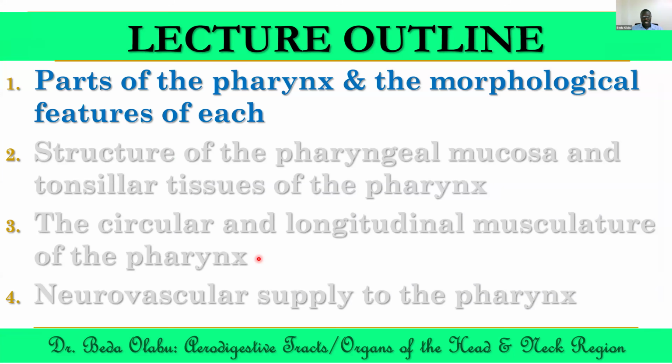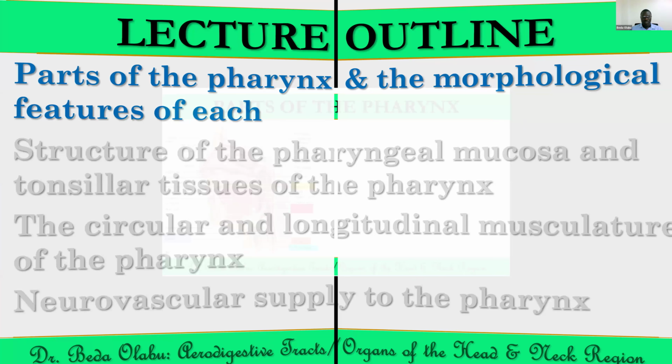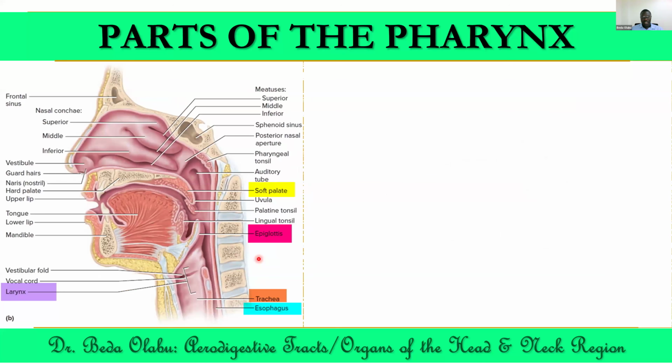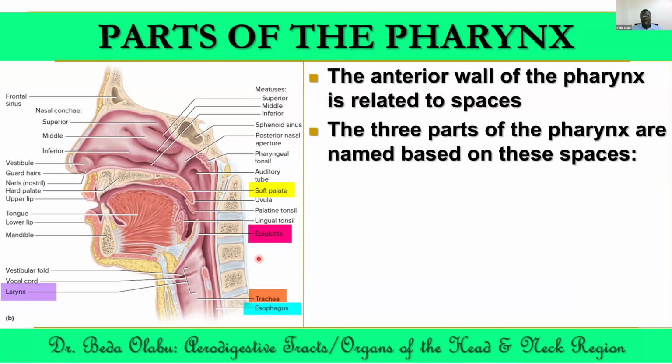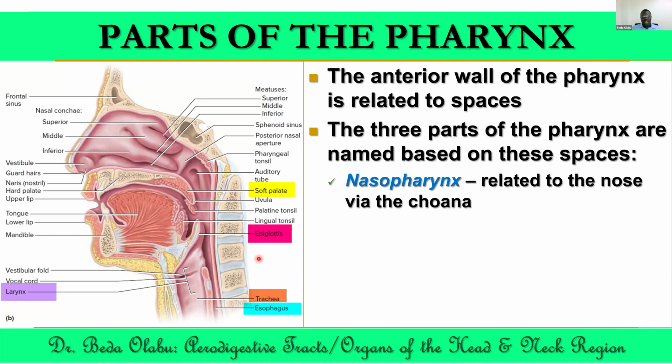Starting with the first agenda, the parts of the pharynx, we've already highlighted that the pharynx has three parts, and these three parts are based on the spaces which are related to the pharynx anteriorly. So the nasopharynx is related to the nasal cavity at the level of the choana.